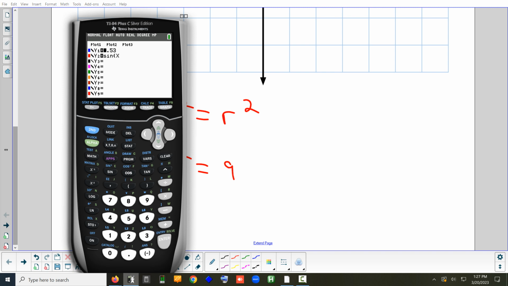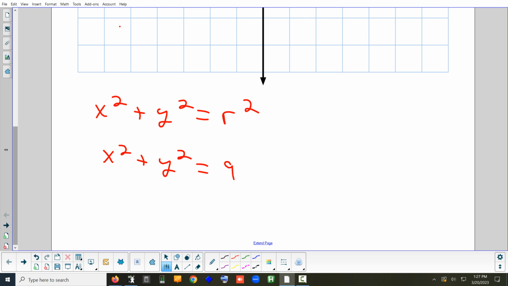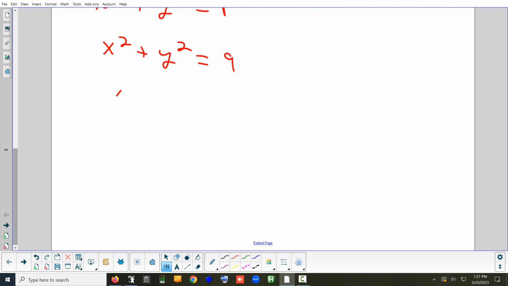When you go to graph something, it's always y equals. So I have to get the y by itself if I want to type in that circle. So I can subtract it to the other side. And then I have to get rid of that exponent of 2 by taking a square root. And remember, when you take a square root, you get 2 answers, a positive and a negative.